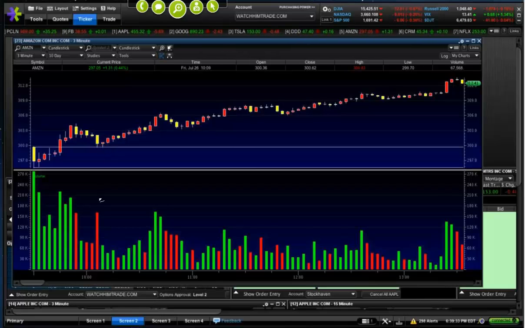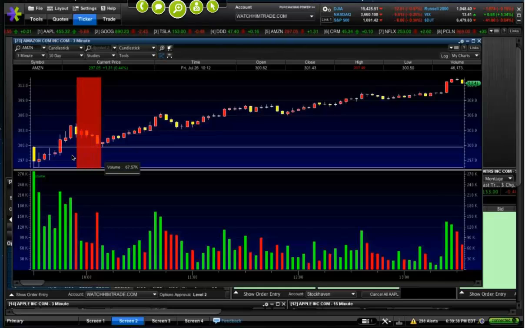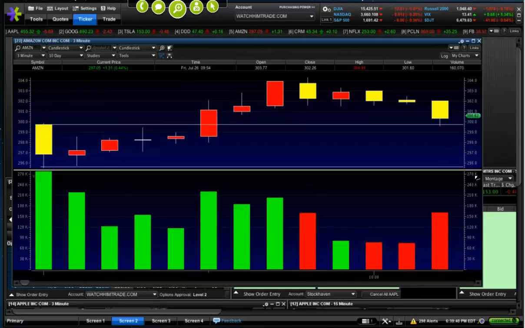Okay? And then here's the beauty of this. Maybe you missed that move, right? But now where some people don't really know where to enter, you can say, all right, I'm going to buy, I want to go long maybe on a pullback towards that initial 3-minute high or a pullback that holds the 6-minute high. Look at this candle right at 10:06.